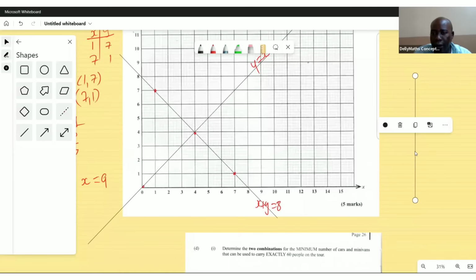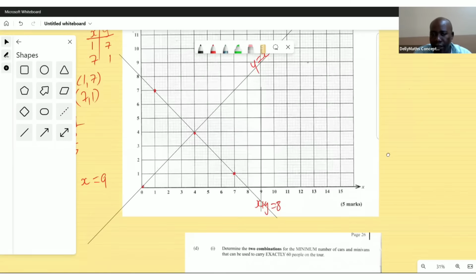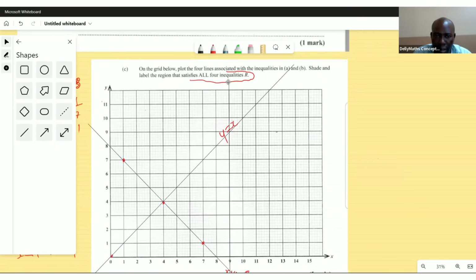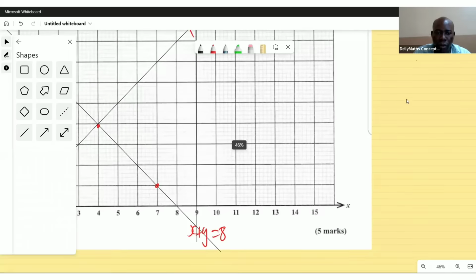It is where 9 is on the x-axis. So we're just going to draw that line like that. And we're going to label it, all right? So I'm going to label it x equal 9. So the moment I drop my lines, I label them.